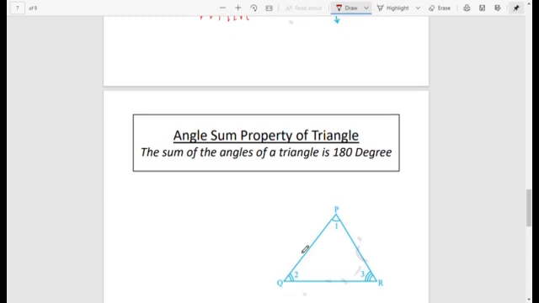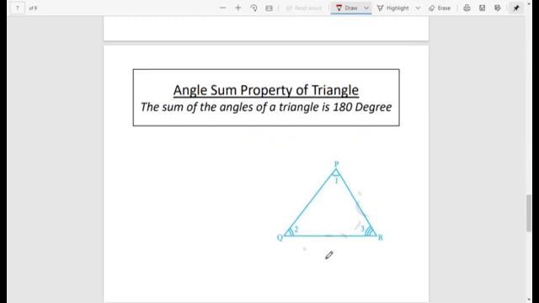Our next is the angle sum property of a triangle. The angle sum property says the sum of the angles of a triangle is 180 degrees. It means in any triangle, the sum of the three angles will be 180 degrees.